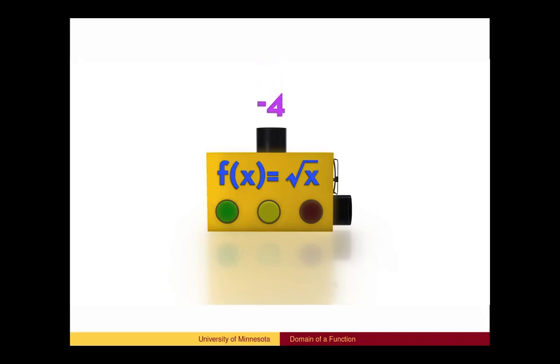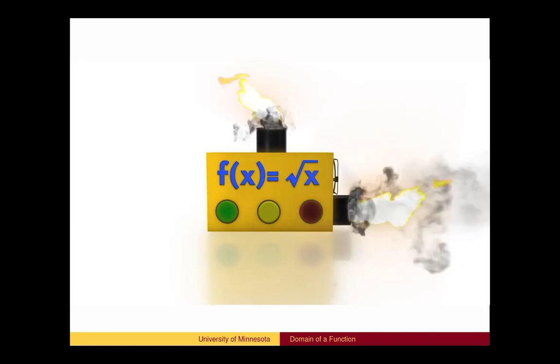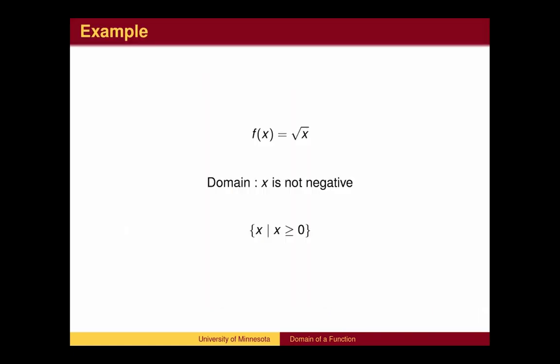We cannot plug negative numbers into the square root function. Formally, we say that the domain is all real numbers greater than or equal to 0.